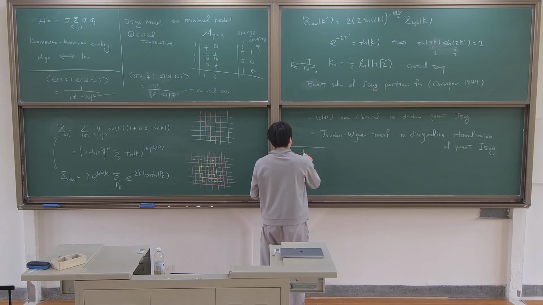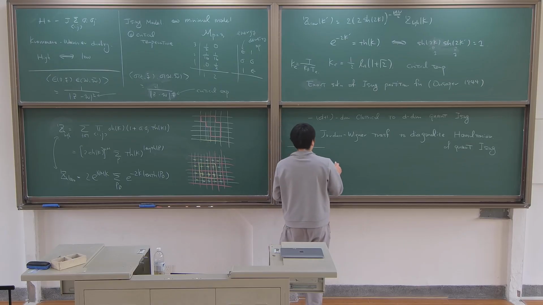So let's set d equal to 0. So the one-dimensional Ising model.